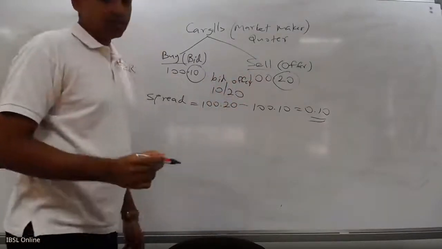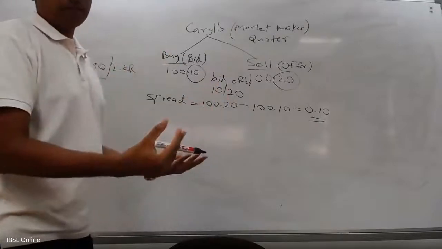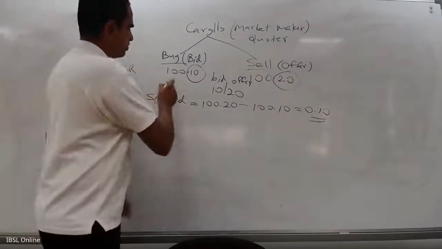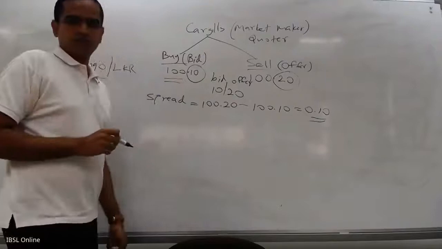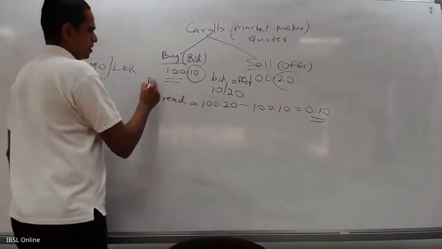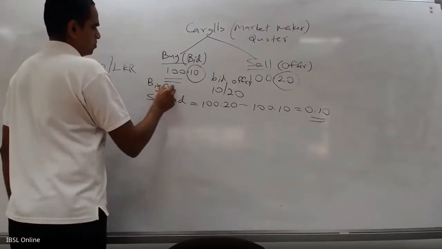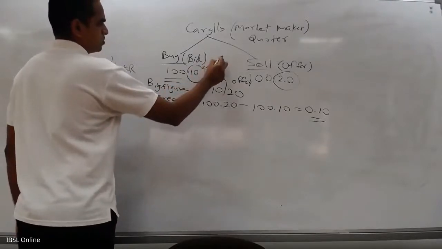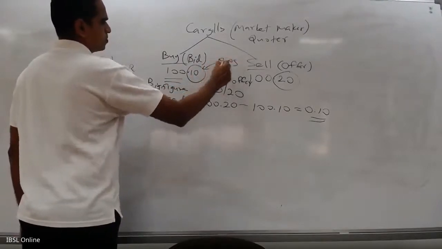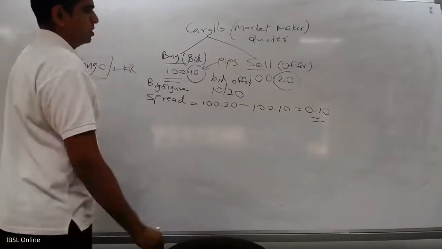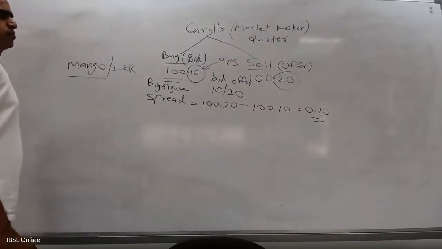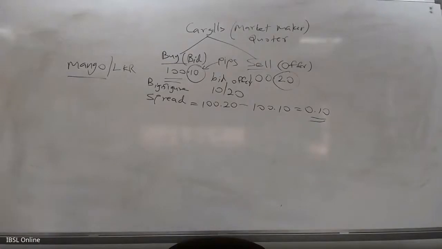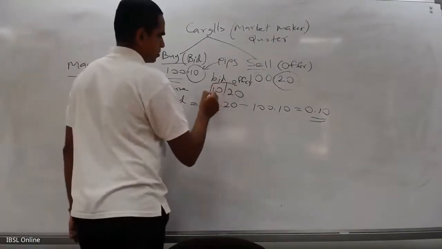If you are in the mango market, you should know what this part is. This part you should know, it's called the big figure. The last two digits are called pips.